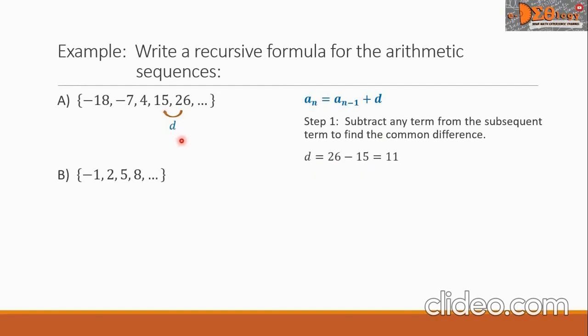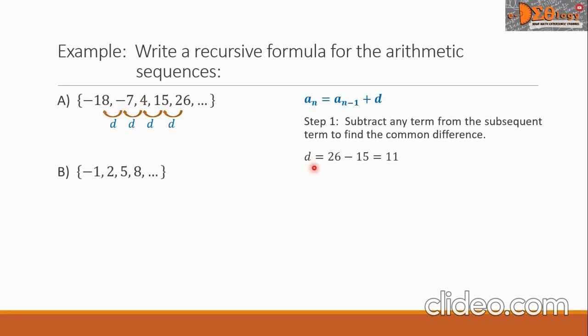If we take 15 minus 4, that is also 11, or 4 minus negative 7, that is positive 11, or negative 7 minus negative 18, still that is positive 11.